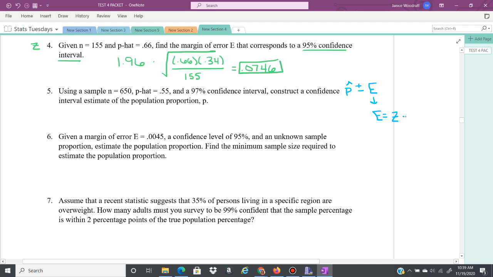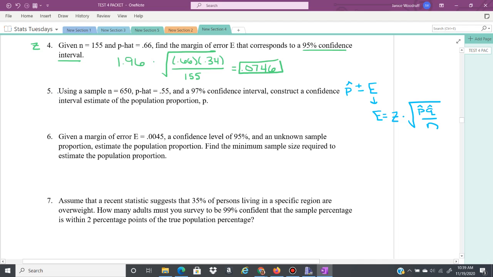Remember the margin of error is given to you in a proportion by z times the standard deviation of p hat. And remember the standard deviation of p hat is the square root of p hat q hat over n. So that's what we're doing for the margin of error, and then we will add and subtract it to our p hat.